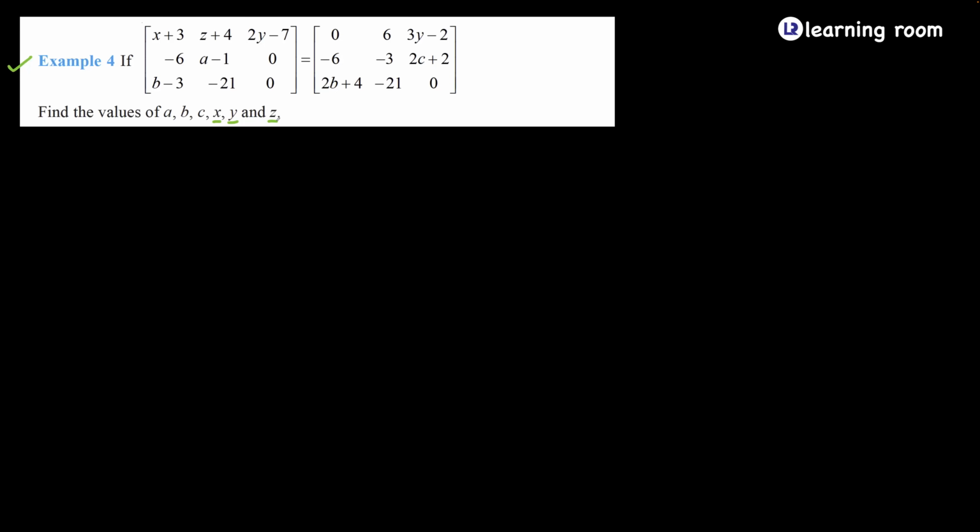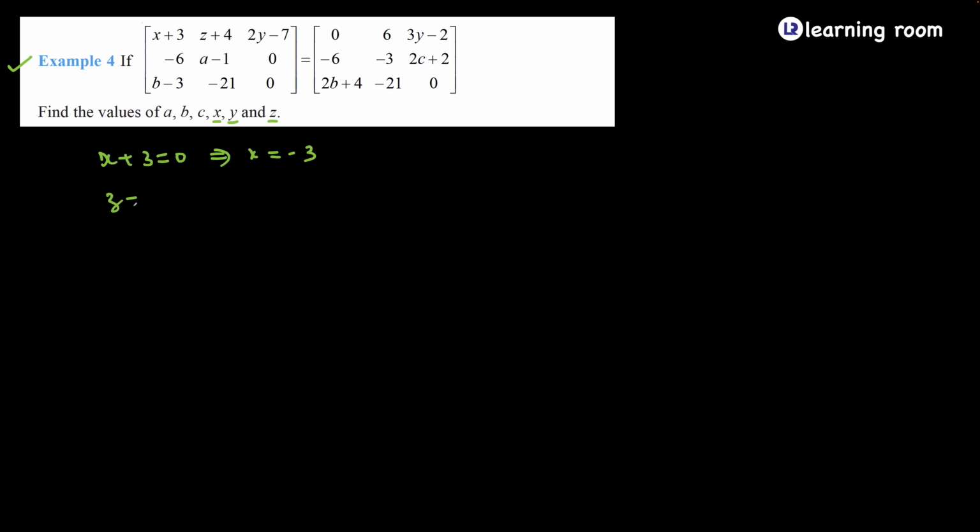So all that we need to do is first check if they both are of the same order. What is the order of this matrix? 3 cross 3. This is also 3 cross 3. First checkpoint is covered. Second, the corresponding elements should be equal. So x plus 3 is equal to 0, which implies x is equal to minus 3.